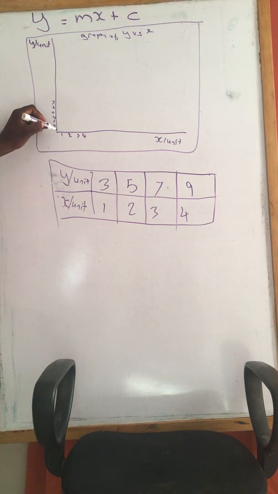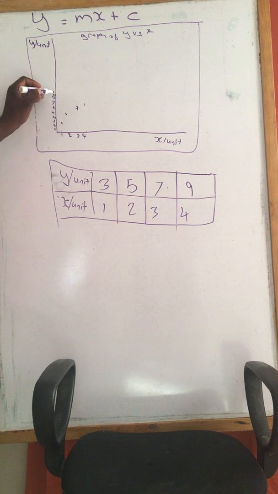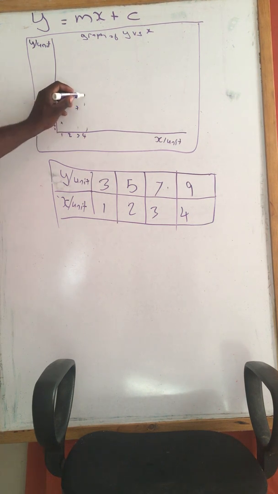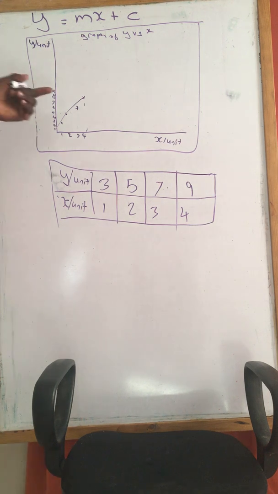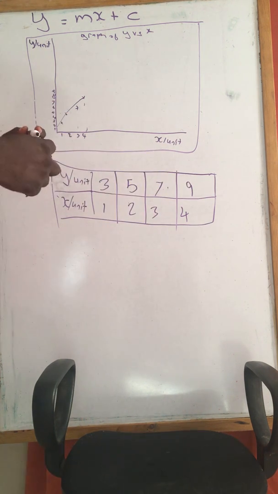When we start plotting this, we're saying 1 with 3, 2 with 5 right here, 3 with 7, and 4 with 9. This graph here would cover just about 20% of the paper. But this is a poor representation of our data. We don't want that, right?